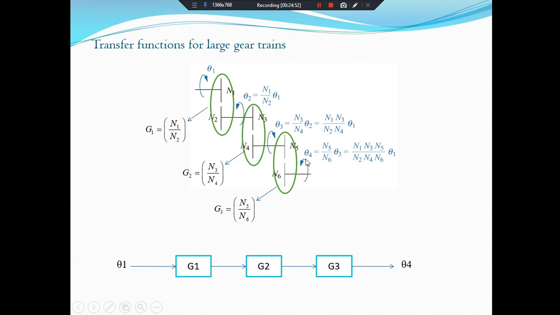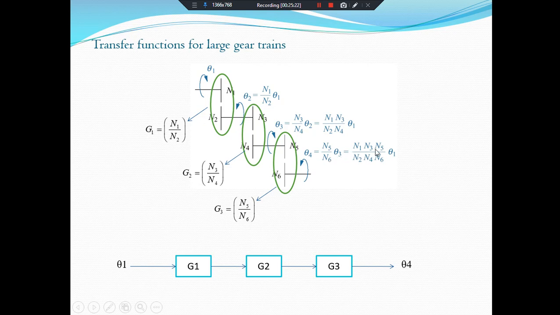Theta 4 will be equal to... what is the source for theta 4? Source teeth is n5 and destination teeth is n6, n5 by n6 into theta 3. And what is the value of theta 3? We have already found the value of theta 3. We will put it, and now you can see that by using the gear train, the angular displacement is reflected at the output.